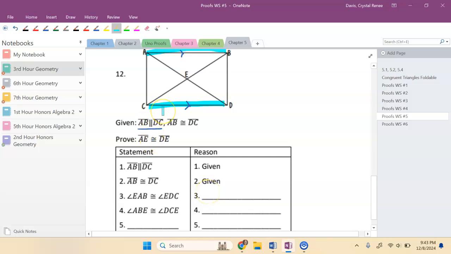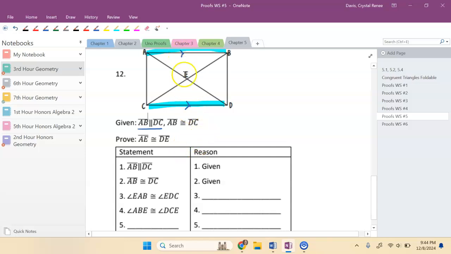So if I look, I want to prove that side AE is congruent to side DE. That makes me think I probably want to prove these two triangles are congruent, because then I could use the corresponding parts of these to show that this and this side are also congruent.